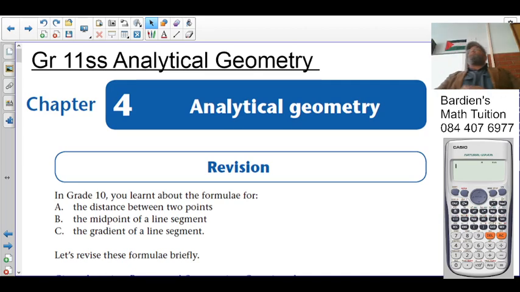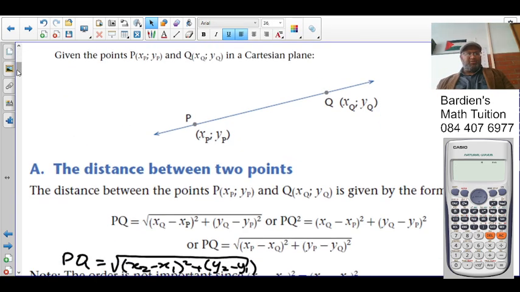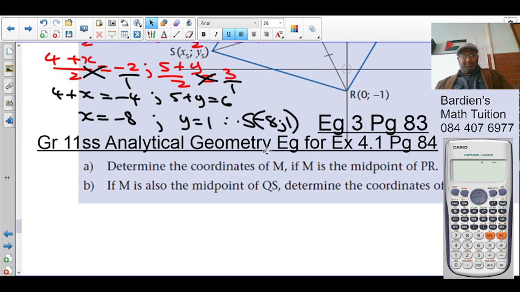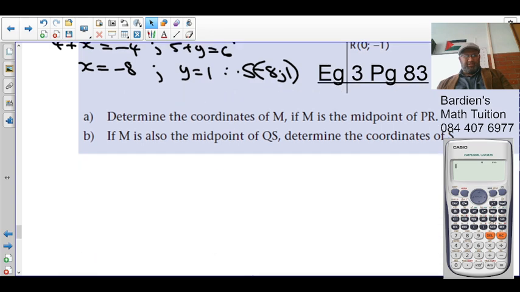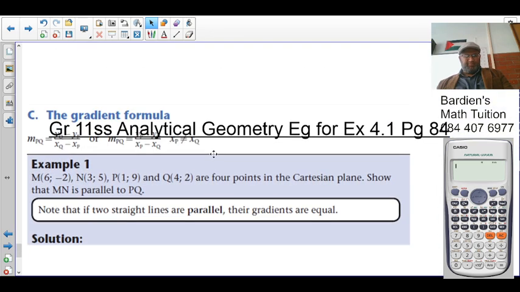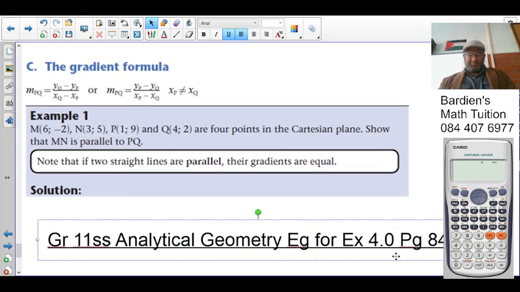Okay, good morning class. So today we're looking at analytical geometry and we're looking at the examples for exercise 4.2. That's on page?